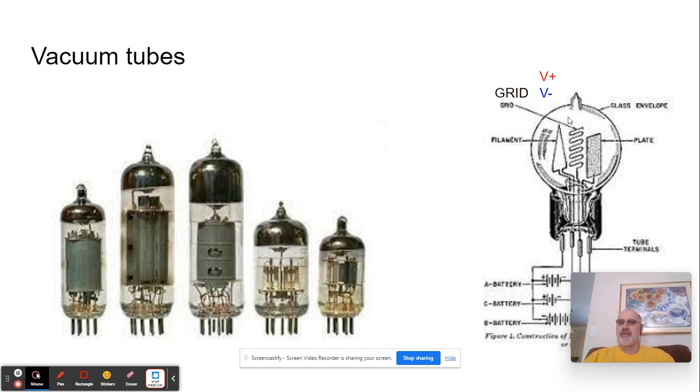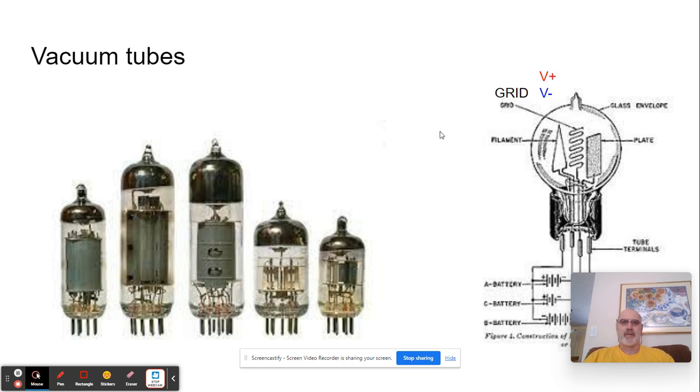Basically, if you applied a voltage to what was called the grid in the middle, it would turn them on. And then if you applied the negative voltage, it would turn them off. So they just acted like these big electronic switches. They burned out. They had to be replaced a lot. They couldn't make them very small, and so televisions and radios had to be pretty big.